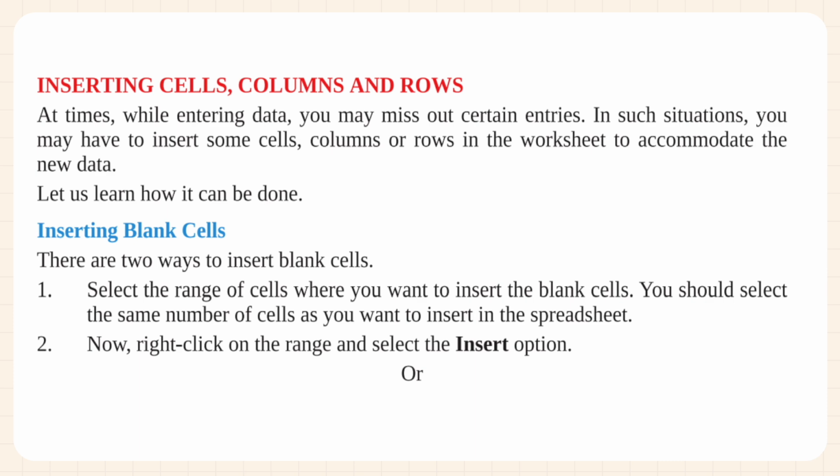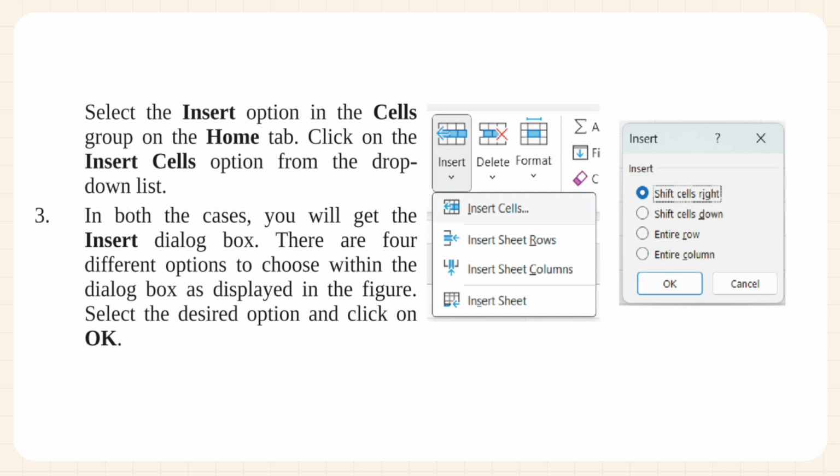Or select the Insert option in the Cells group on the Home tab. Click on the Insert Cells option from the drop-down list. 3. In both cases, you will get the Insert dialog box. There are 4 different options to choose within the dialog box as displayed in the figure. Select the desired option and click on OK.